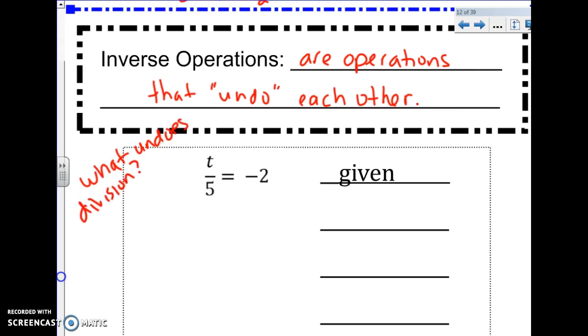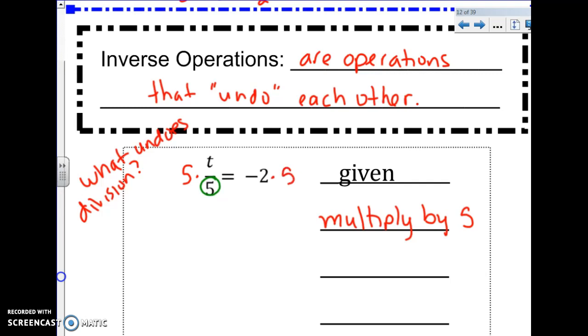What do we need to do to cancel that out? Well, we're going to multiply both sides by whatever the thing is being divided by. So multiply both sides by 5. So I'm going to put a 5 up here, and I'm going to put a 5 on this side.